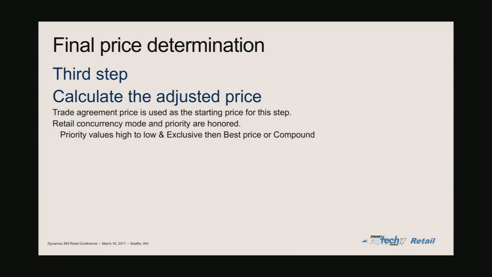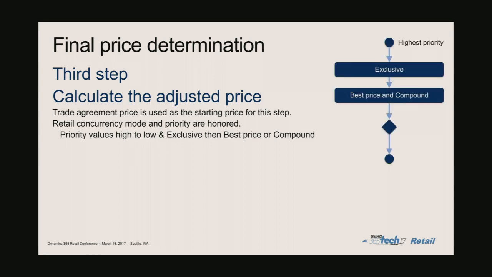It'll find any retail price adjustments that apply. If more than one applies, we will use the retail concurrency model, but we don't use multiple priorities. We'll use the priority model.